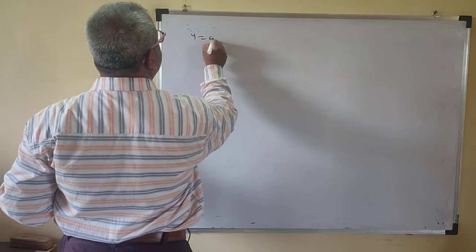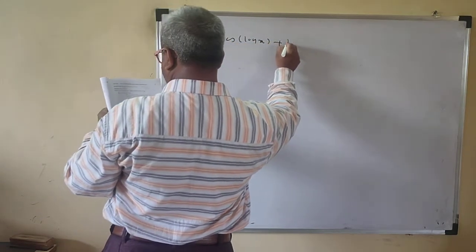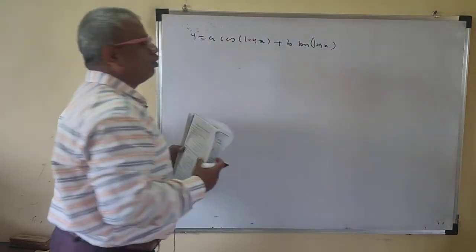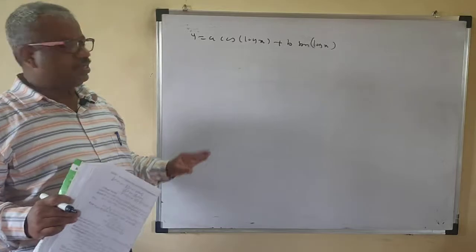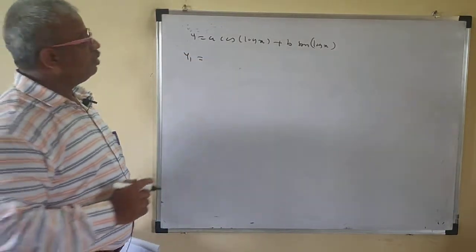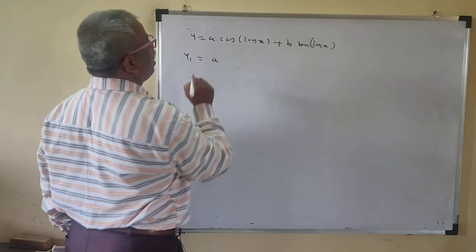Suppose y is equal to a cos log x plus b sin log x. Maybe a and b are interchanged like this. So what is y1 then? You should remember y1. This a is constant, so a will be as it is.